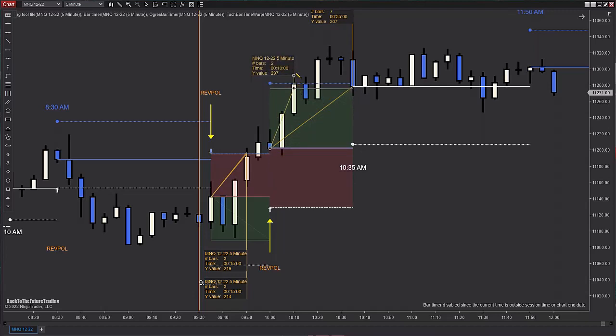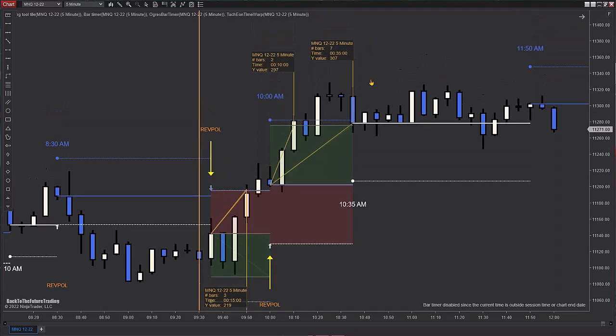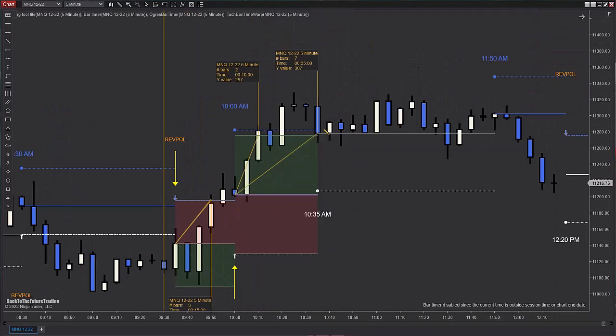And that's here. So we exit the runner at 10:35, and at 10:35 we have a regular old white dot. That's our runner. And then we're going to enter our 1-to-1, and we don't hit our target. So we exit right there.